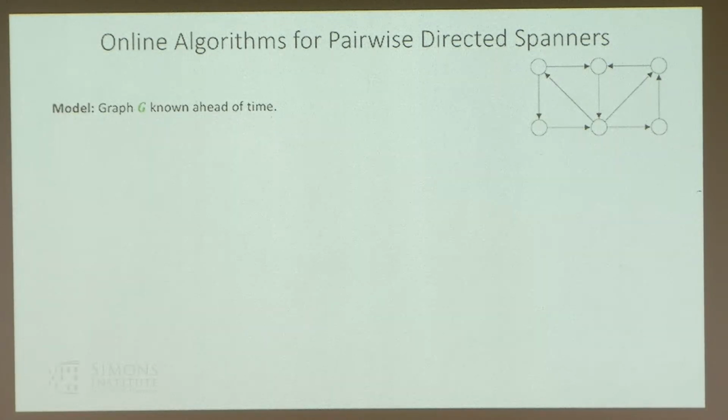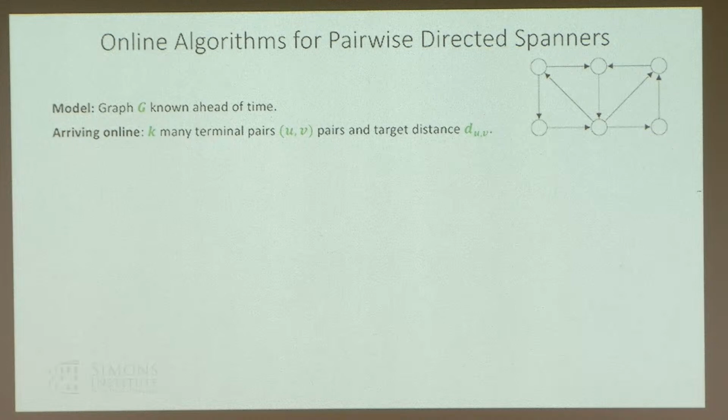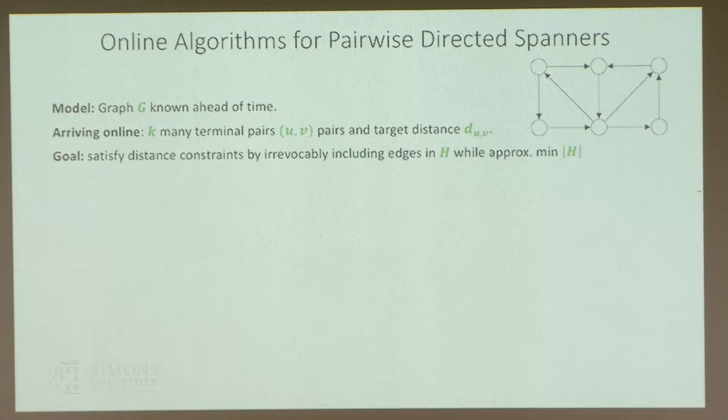In the online setting, the graph is given offline, and then we're going to receive online the demand pairs and the distances between these demand pairs. So we want to satisfy this demand pair UV for distance DUV, and the goal is to output a small size spanner H.